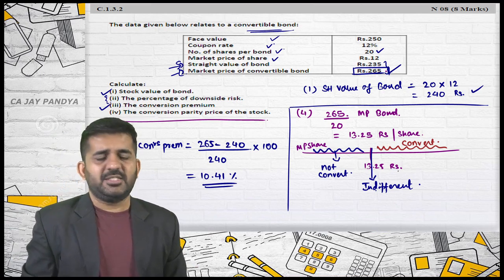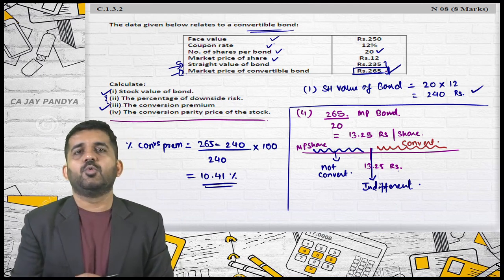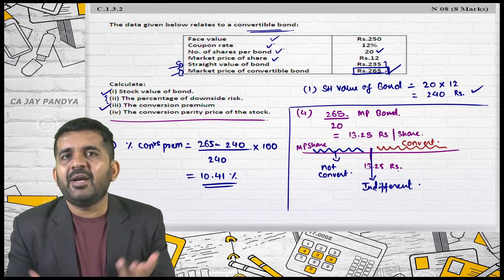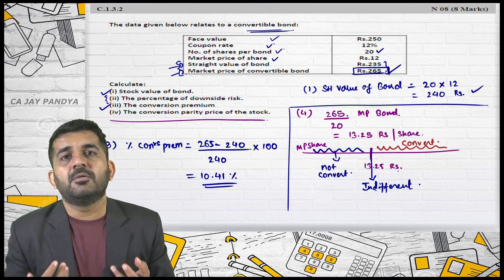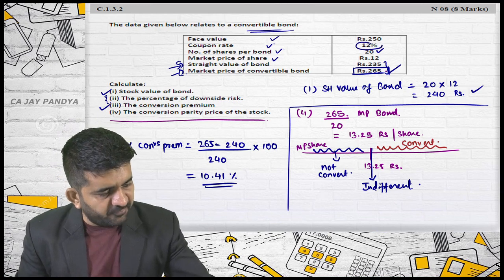Last but not least is the percentage of downside risk. Please try to understand. You are already having a bond, and all of you know that a bond never becomes worthless. Why? Because it carries a fixed rate of interest.